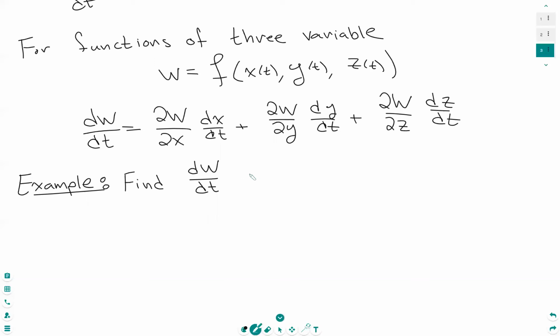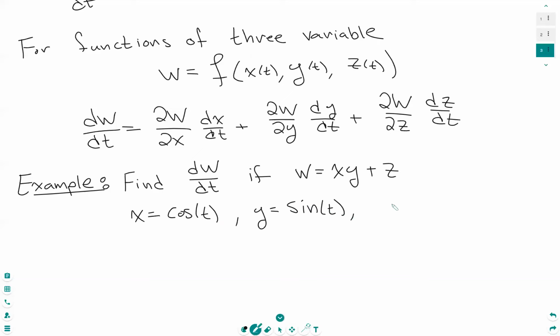So we're going to find dw/dt if w is equal to xy plus z, and we have that x is cosine t, y is sine of t, and then we have that z is equal to just t.